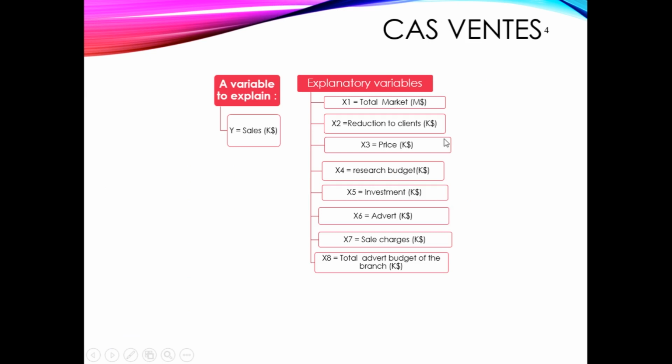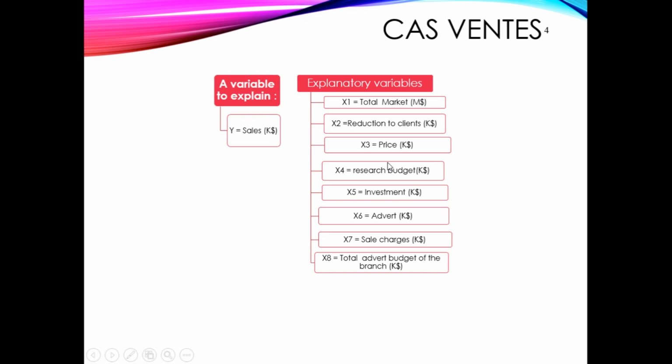So let's move back to the sales case, the case that we will use to illustrate our tutorial video today. The variable to explain here is sales, and our explanatory variables are the total market, the reduction to clients, the price, the research budget, the investment, the advert, the sales charges, and the total advert budget of the branch.